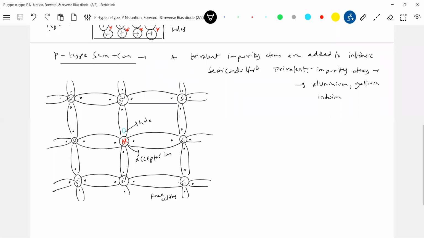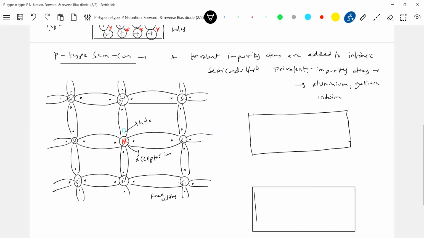So how is the energy band structure? Again, the same idea, one impurity atom in 10 to the power of 6 atoms. Valence band, conduction band.